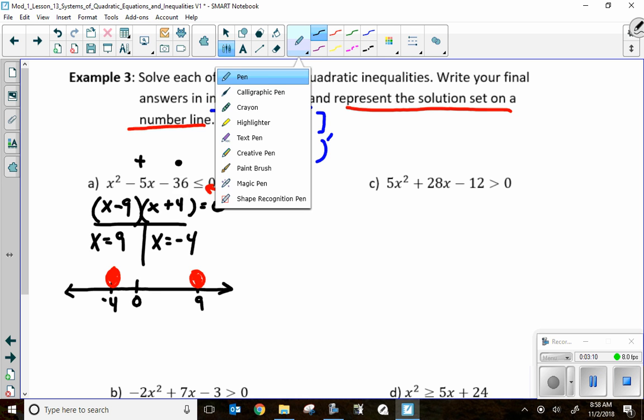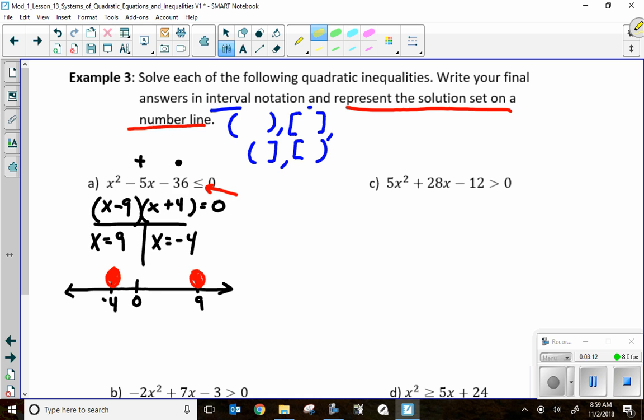So I'm going to put a 0 in for my x's and see if this inequality is true or not. If the inequality works with zeros in for those x's, then 0 is in the solution set. If I plug a 0 in for those x's and the inequality does not work, then 0 can't possibly be in the solution set.